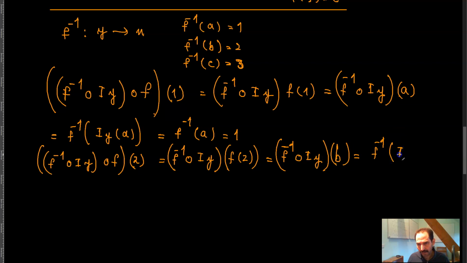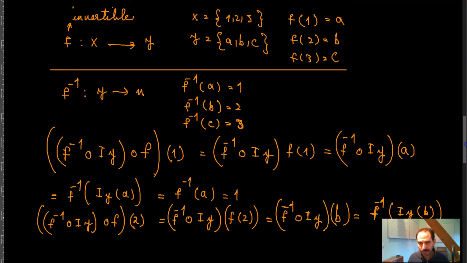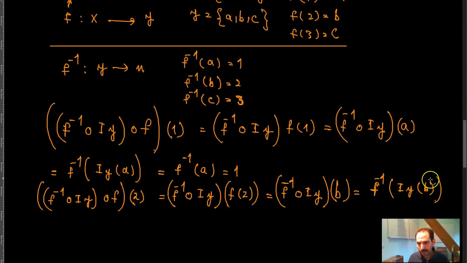And I of y of b, as we argued before, is going to give you b back, meaning that this is equal to f inverse of b, and f inverse of b is equal to 2.